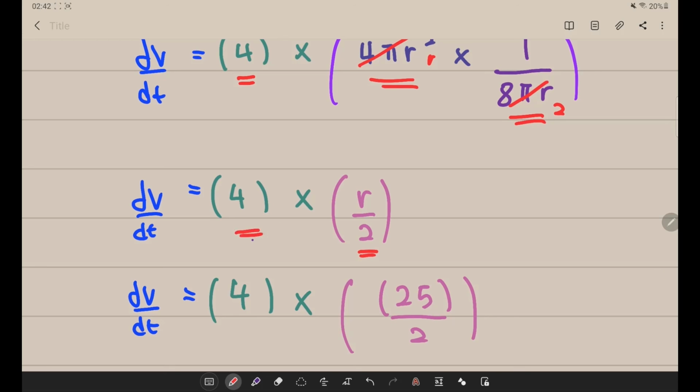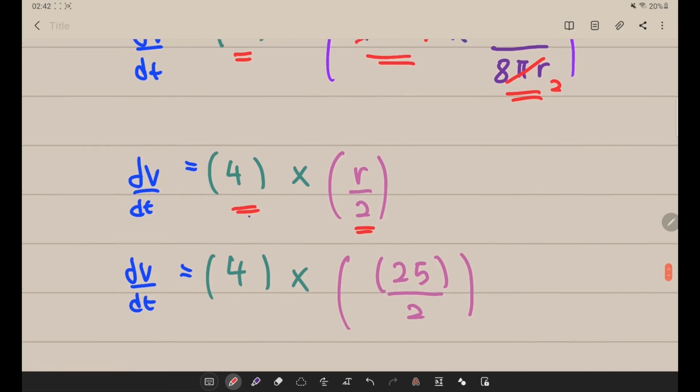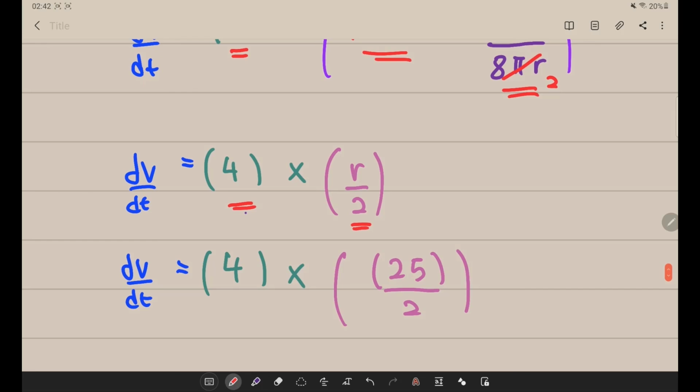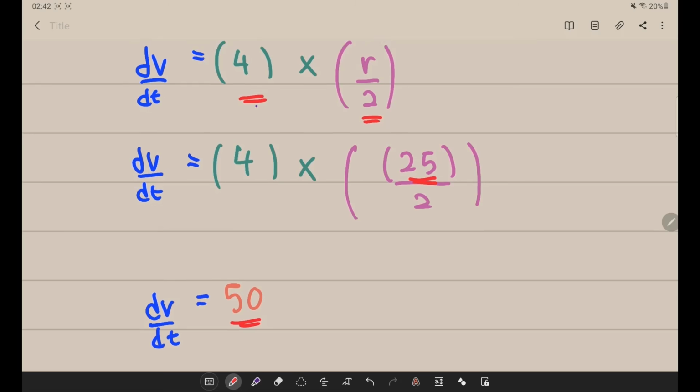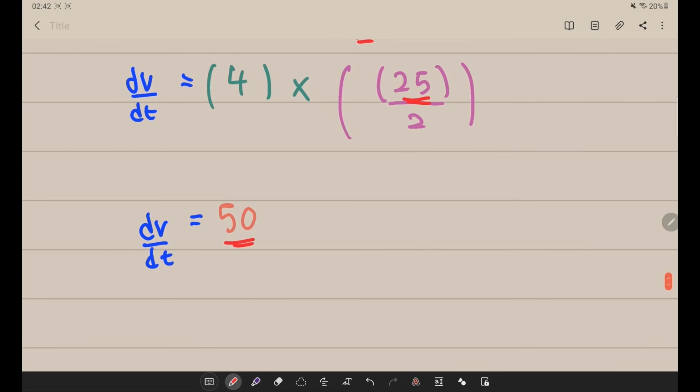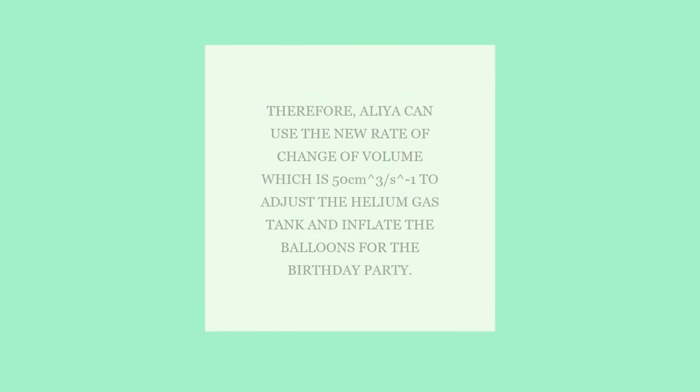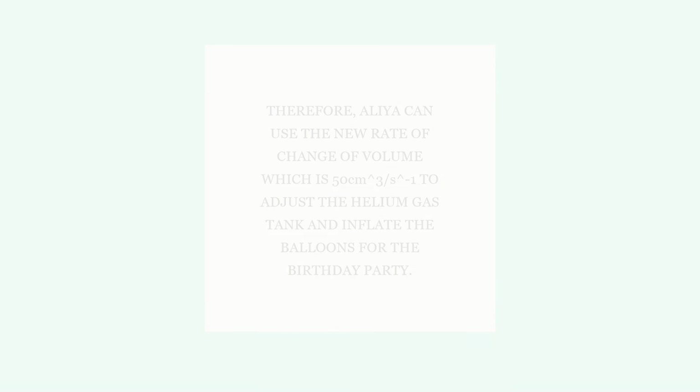So, 4 times r over 2. But remember, in the question we need to find the rate of change of volume when the radius is 25. Therefore, we substitute 25 into this equation and solve it. We get 50. So the rate of change of volume is 50 cm³ per second.